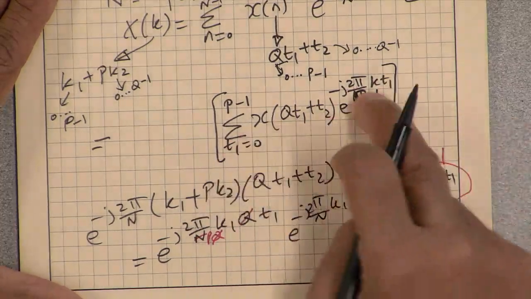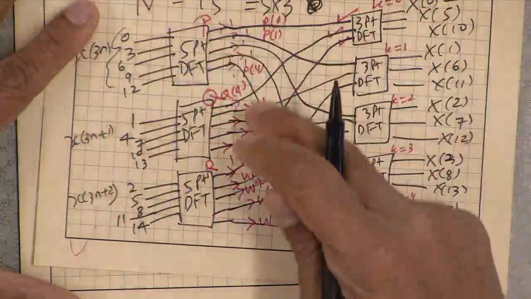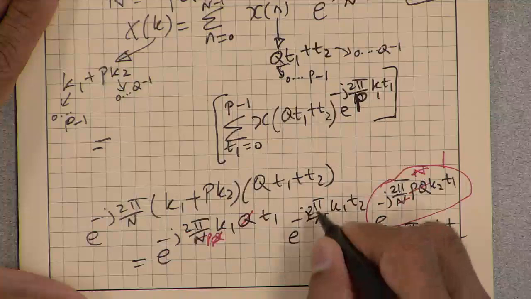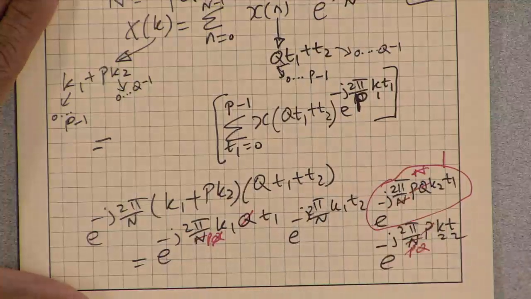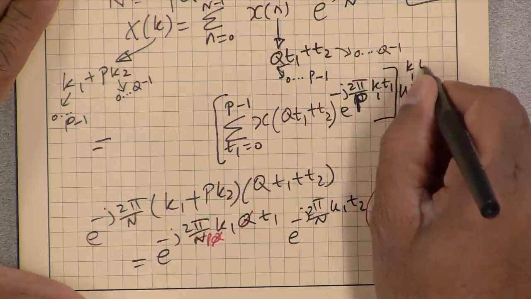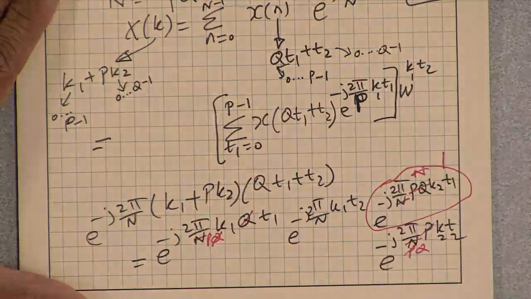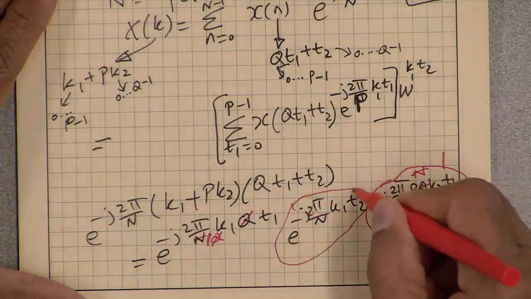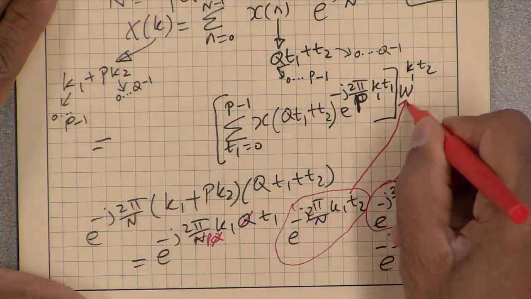But now these whole things are multiplied by these twiddles. Those twiddles are this quantity here, so let me just write that as W to the power K1 T2.